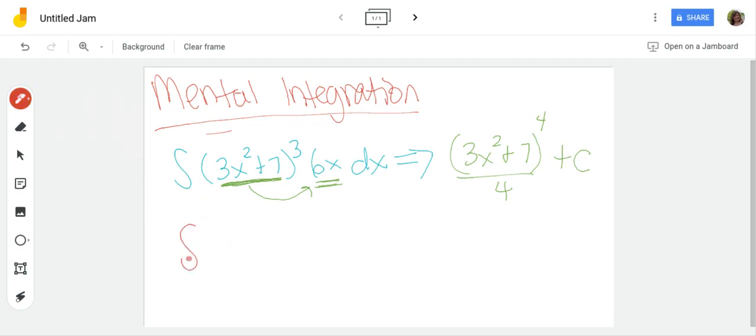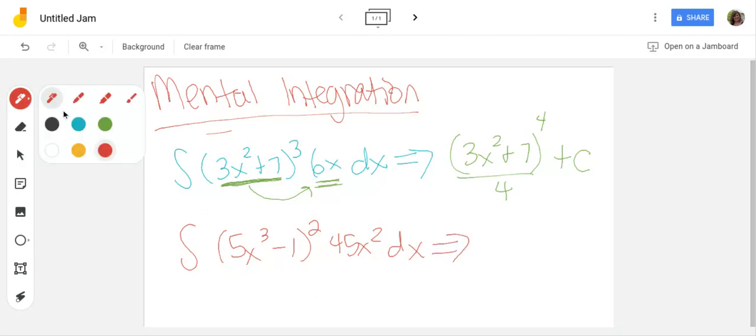So for instance, if you took a problem like this, 5x cubed minus 1 squared, and then 45x squared dx. Now if I'm looking at this one, I should be able to figure out what the answer is already. What's my chain on the inside here? Well, my chain on the inside would be 15x squared.